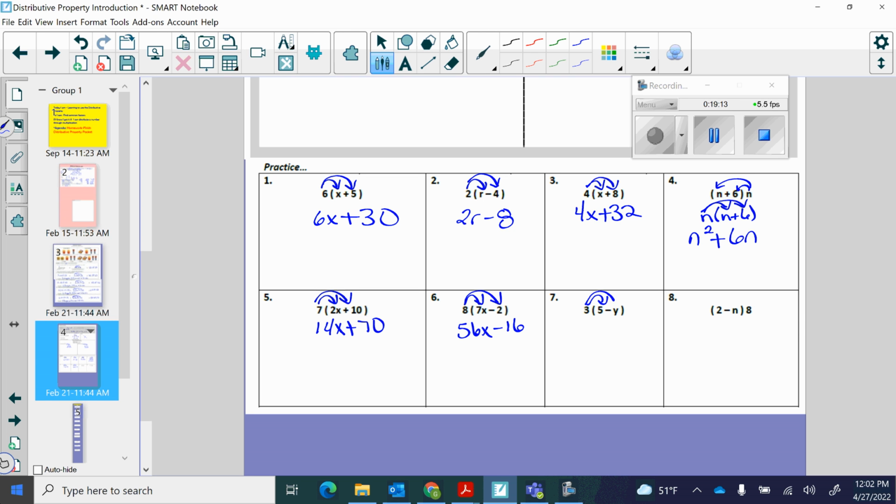Distribute the 3, 3 times 5, minus 3 times y, 3y. And I'm going to cross out the 8 here and put it in front. Distribute the 8. 8 times 2 is 16 minus 8 times n, 8n. Any questions about that?